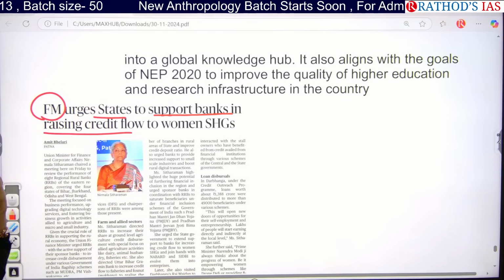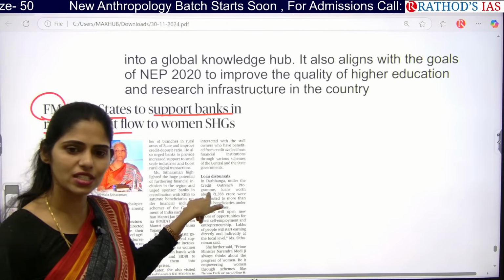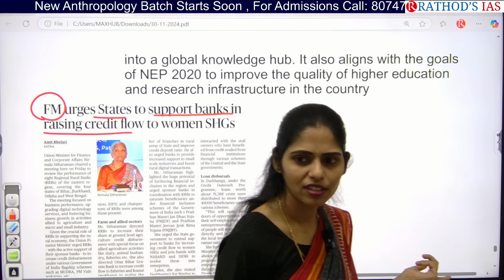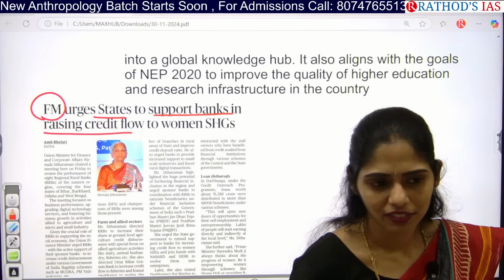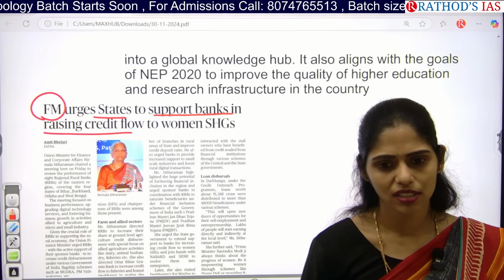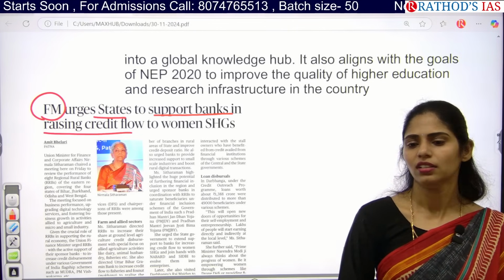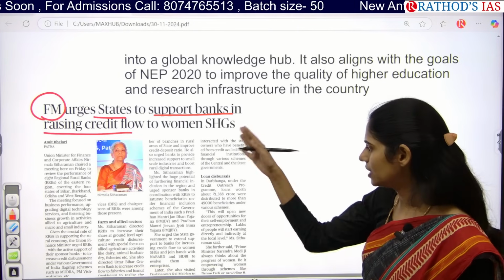So here our finance minister is asking the banks to give more amount of loans to this SHGs. Then what will be the impact? Okay, it will be increasing empowerment of the women, and next economic growth, financial independence. Okay, so see this article once.